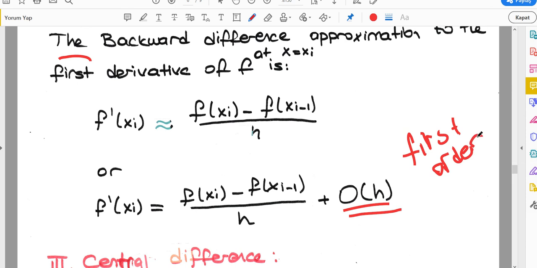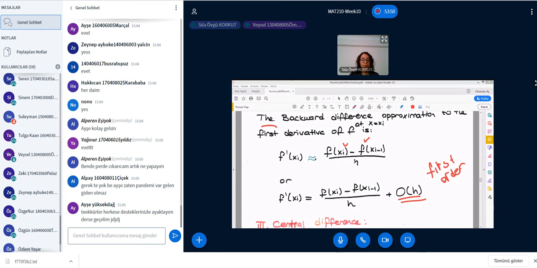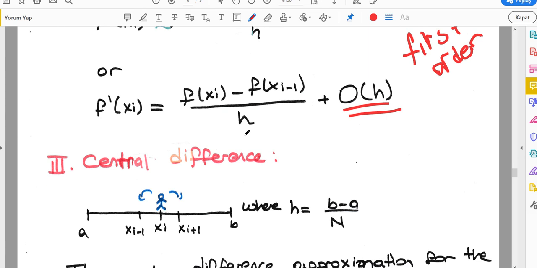This is giving you, because I'm using here 2 points, what's the problem? Is there any problem? No. Okay. So when you are using the backward difference or forward difference, this is using 2 points and causes first order approximation.